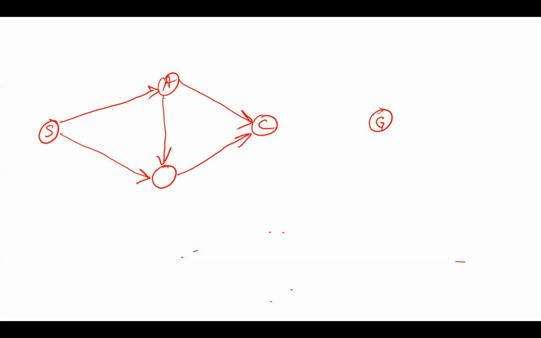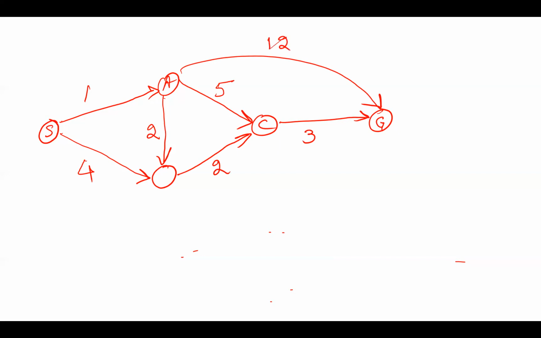Some people know this issue. C to G, and this is B. So we have G of n, right? We have arc costs. So let's say 1, 4, 2, 5, 2, 3, and 12. Let's suppose that we have this as g of n.